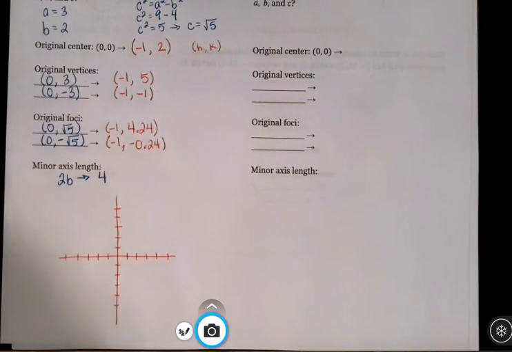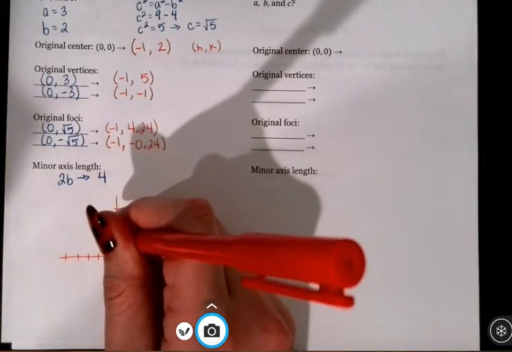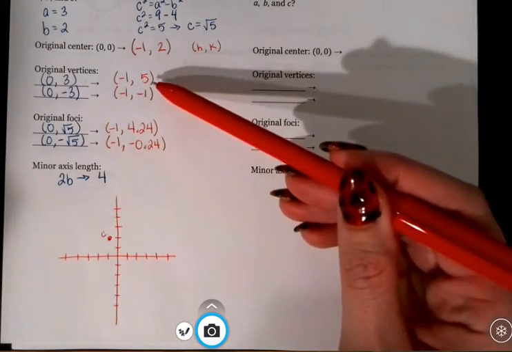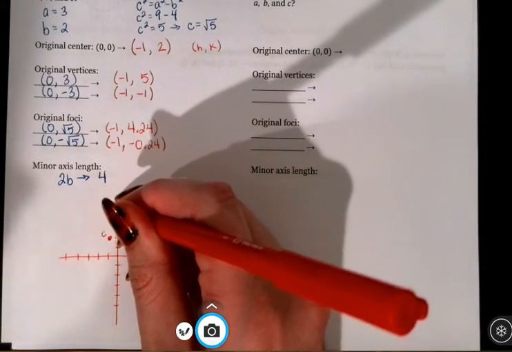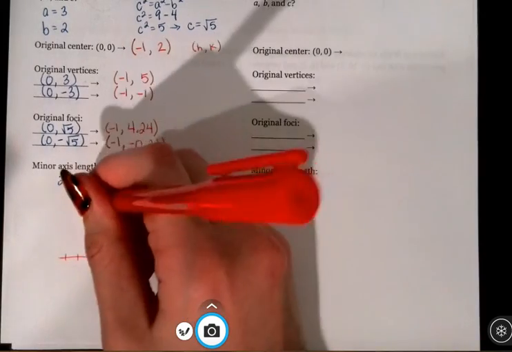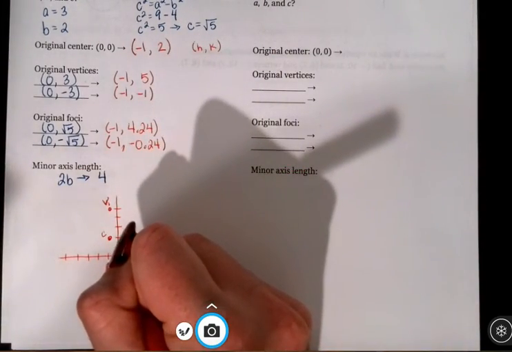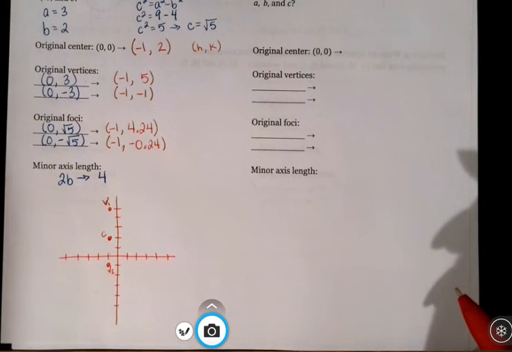So my new center is at -1, 2, which would be here. I'm going to label it with a C. My new vertices are at -1, 5. So this is one of them. So I'm going to do V sub 1. And then -1, -1 is going to be my other vertex, so V sub 2.